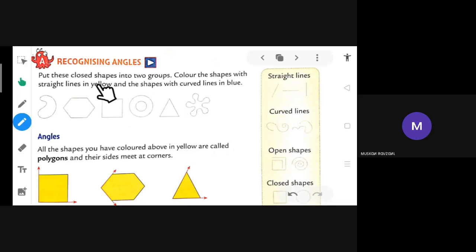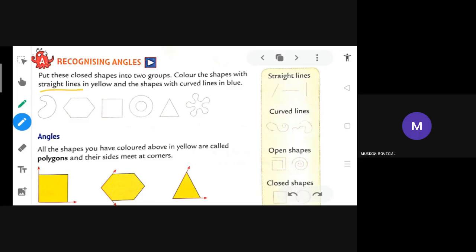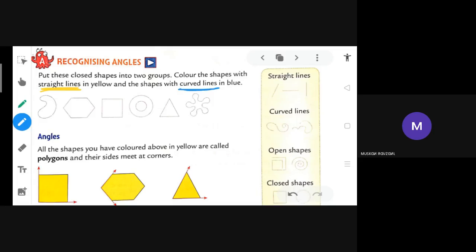You have to use yellow color and color those which are made up of straight lines. And one is made up of curved lines. So for straight lines, use yellow color. I'm also using yellow color. So for straight lines, yellow color, and for curved lines, blue color.